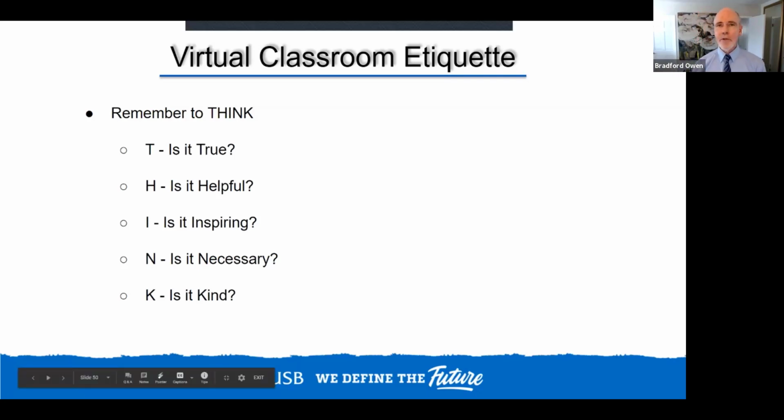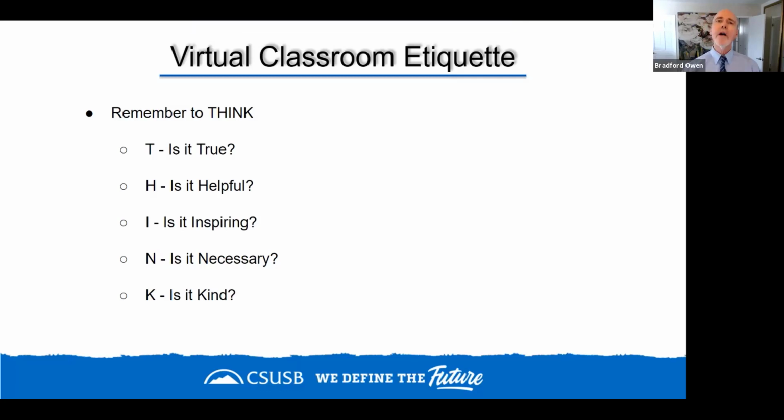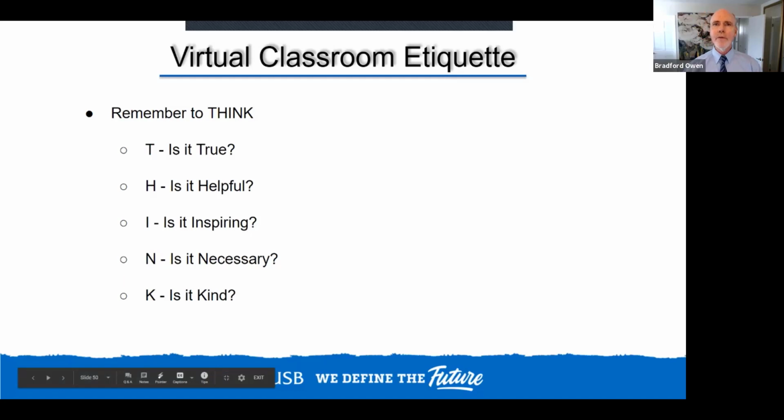This may apply especially when you are having a kind of discussion or debate about a topic about which there may be disagreement. Is what you're about to write necessary to address the content of what someone has written, rather than, for example, a personal attack, as we mentioned on the previous slide?